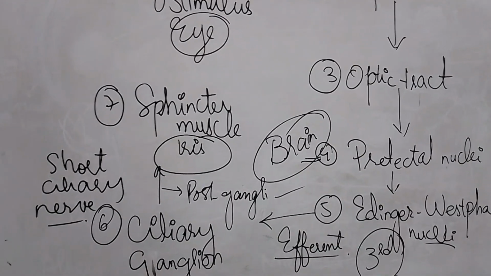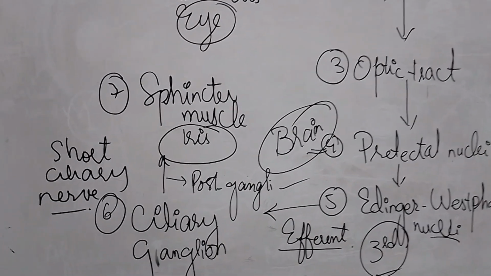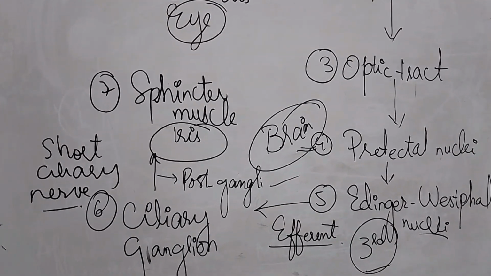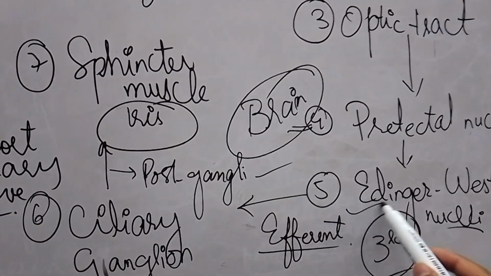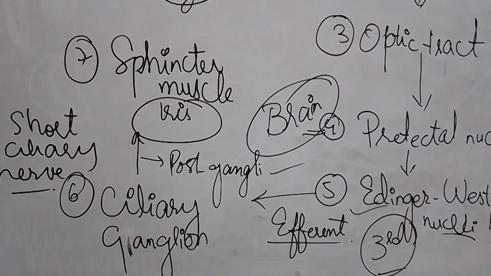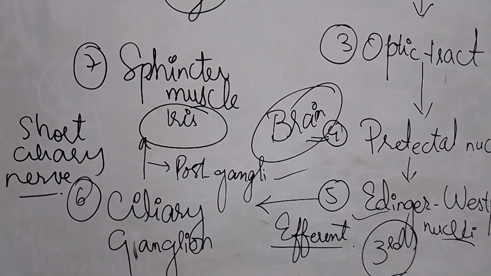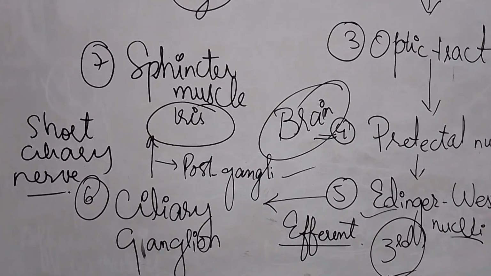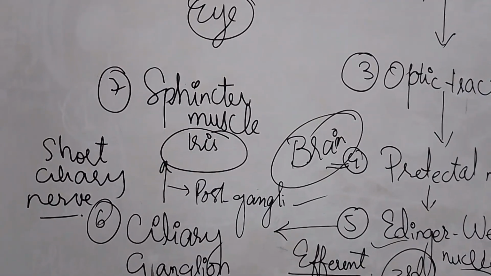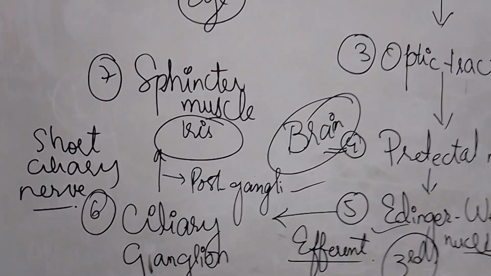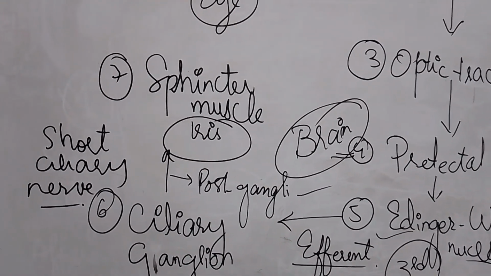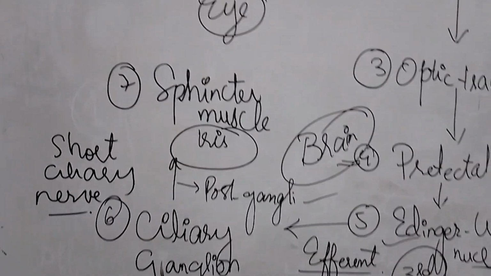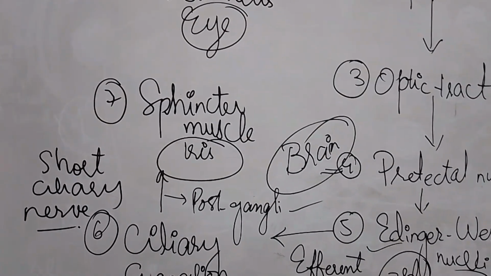But when there is an excess amount of light, what happens? The parasympathetic nervous system gets innervated via the Edinger-Westphal nucleus, and the efferent response is that the sphincter muscle gets innervation and constricts, right? So the sphincter muscle gets innervation, and the pupil gets constricted.